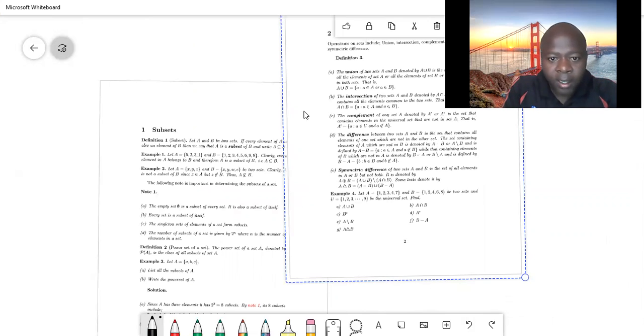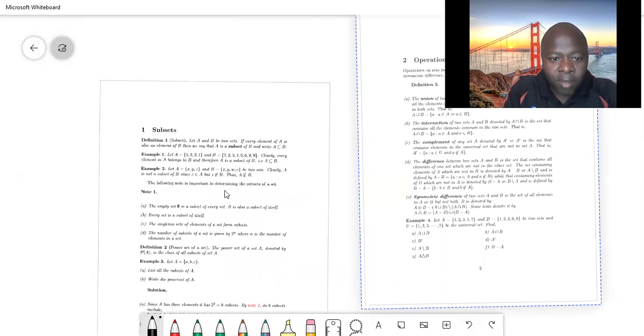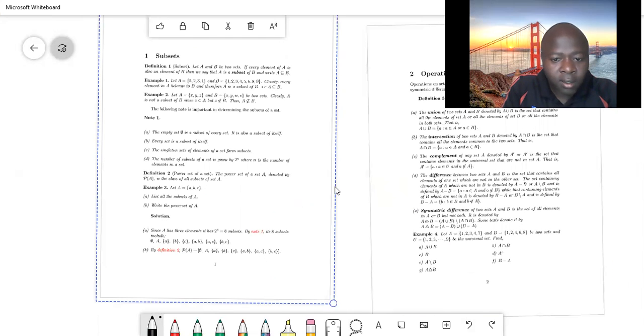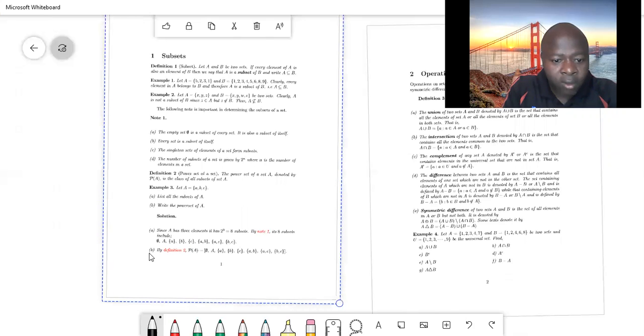So as I had said, the power set will just be the class of all the subsets of a set.